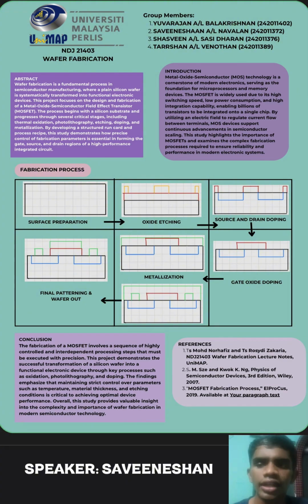2.2 The characteristics and advantages of metal oxide semiconductor devices. Metal oxide semiconductor devices control electric current using an electric field rather than direct current injection. In a MOSFET, the gate is separated from the semiconductor by a thin insulation layer called the gate oxide. When voltage is applied to the gate, it creates an electric field that controls the current flow between the source and drain. MOS devices have several important advantages.